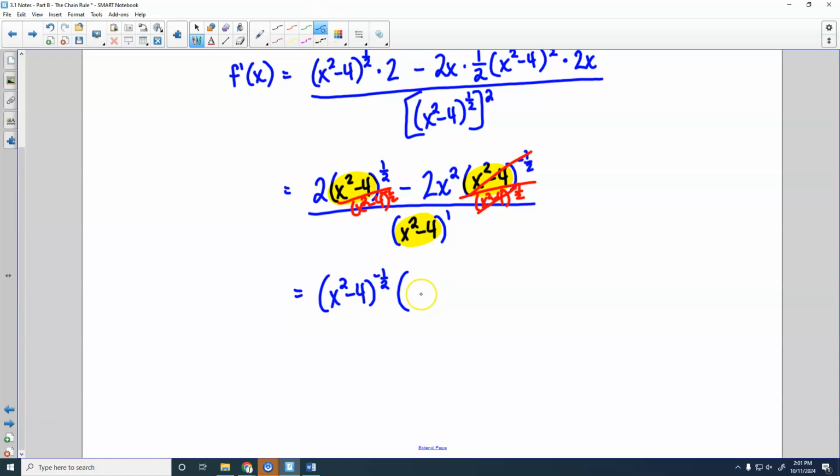Yes. So we will get, the 2 just sort of stays there. We will get x squared minus 4 to the first power, which we don't really have to write since it's first power. And then we'll get minus 2x squared from that second term. And then we'll get x squared minus 4 in the bottom.